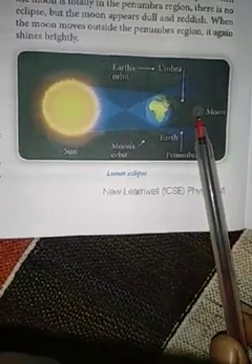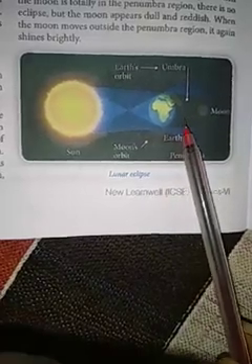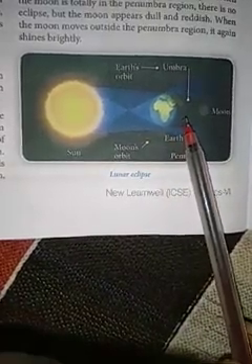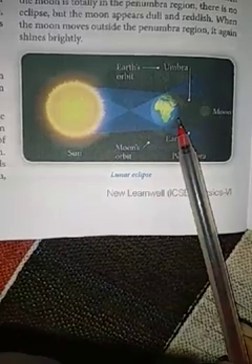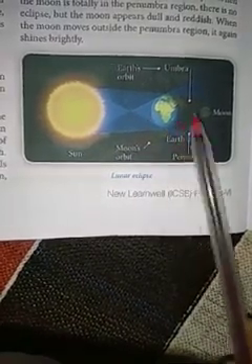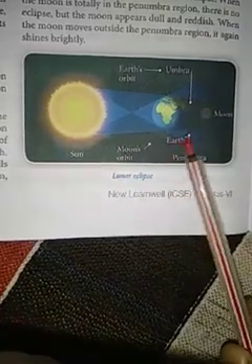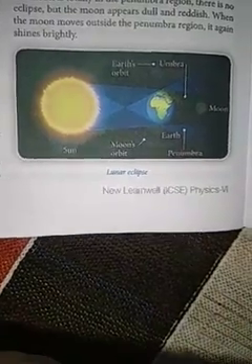When the Moon is partly under the umbra and partly under the penumbra region, the eclipse caused is called a partial lunar eclipse. When the Moon is totally in the penumbra region, there is no eclipse, but the Moon appears dull and reddish. When the Moon moves outside the penumbra region, it again shines brightly.